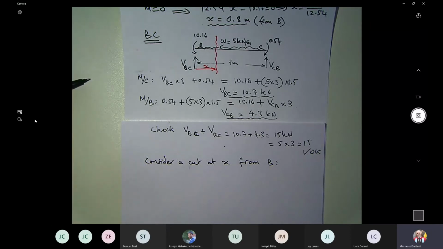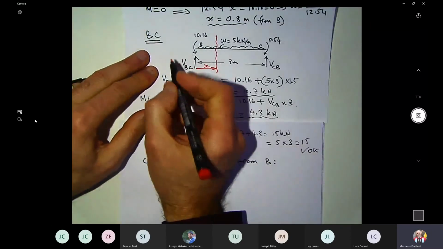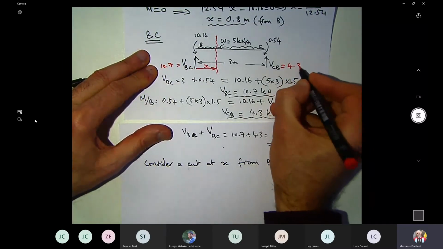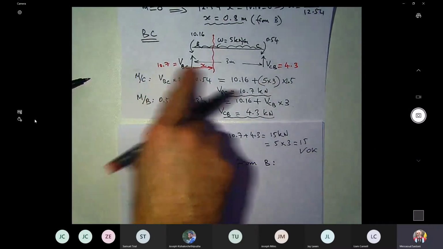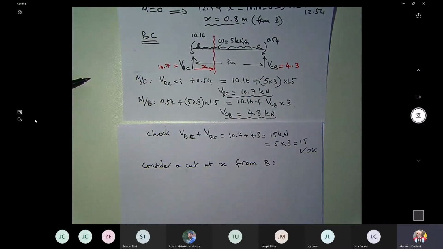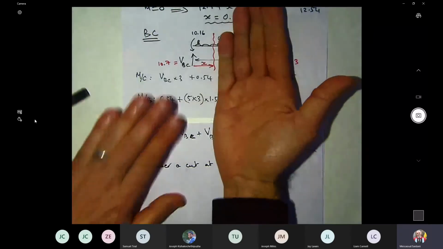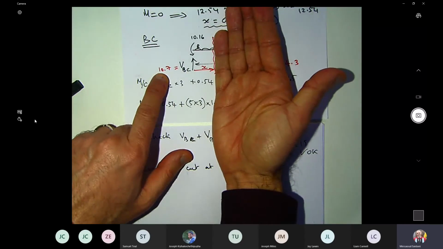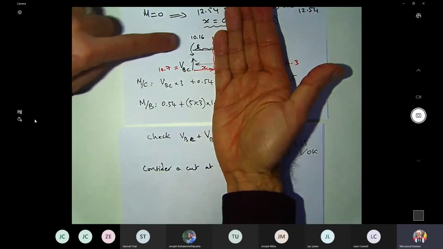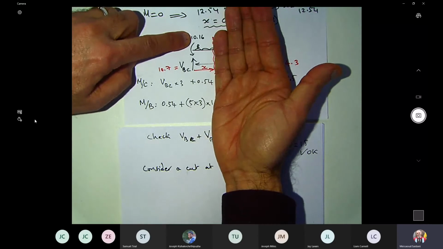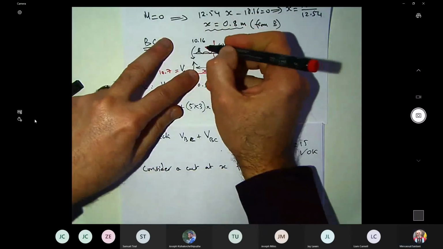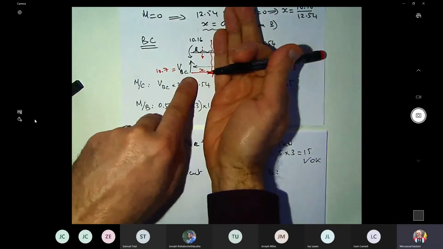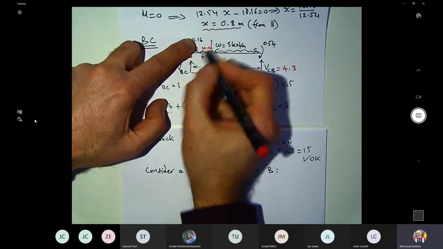So we know the reactions. VBC is 10.7 and VCB is 4.3. So you've got the reactions now. So what's the bending moment at the cut? 10.7 times X. Then you have got the 10.16 minus 10.16, but you also have the UDL, which is 5 times X times X over 2, the distance.